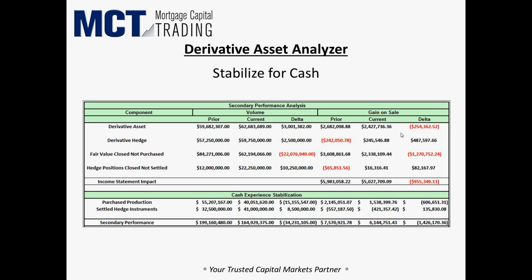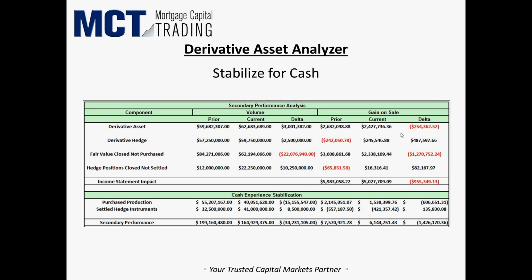We're looking at the derivative asset open pipeline. We're looking at the fair value of closed loans not purchased. But we're not looking at cash in the door. And when we're truly doing a secondary analysis to see exactly what happened, we need to look at cash in the door. So cash in the door, of course, is production purchased off of your line. Again, by the agency, by the securitization, by the investor, whatever gets purchased off your line is going to fall into this.